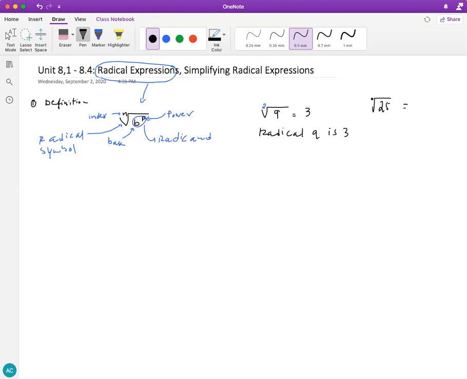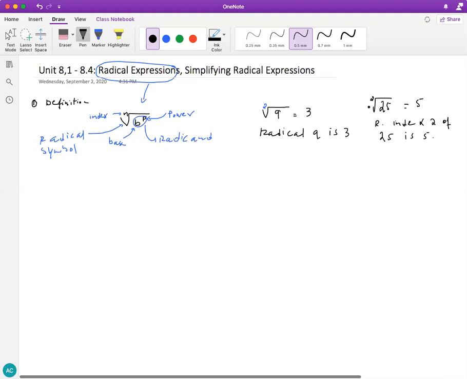Or even better if you say radical index 2 of 25 is, of course, 5. Okay, so you can say radical index 2 of 25 is 5. So that's how you read. This is a formal way to read the radical.